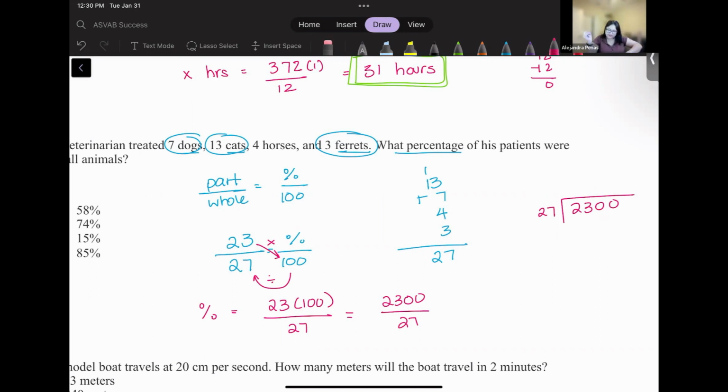Let's try 7, I guess. So 7 times 7 is 49. Carry the 4. And that would be 14 plus 4 is 18. No, it can be more than that. So let's try, what, 8?